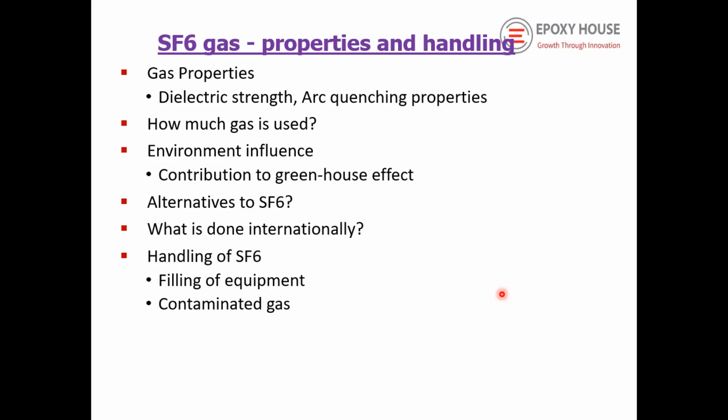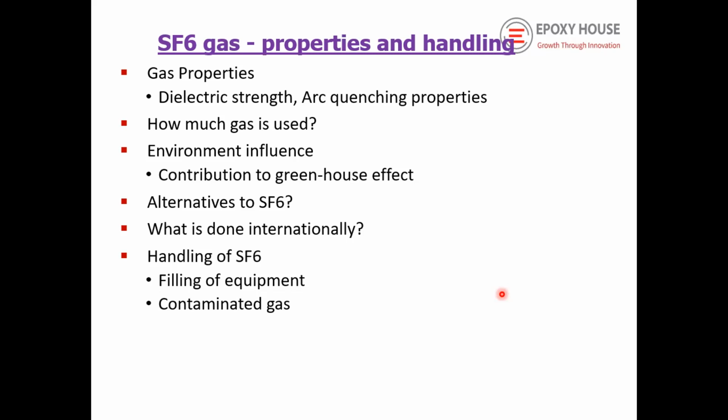The old gases like CO2 and air are also being used by many manufacturers, saying it's a blue gas, green gas. Different manufacturers are coming with new ideas, new methodology, or marketing ways to say that this is a more environmentally friendly gas than SF6 gas.